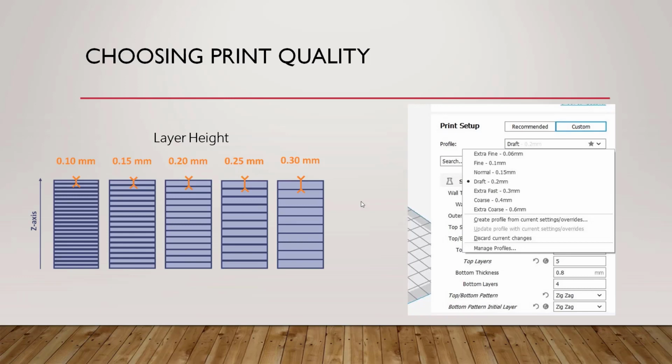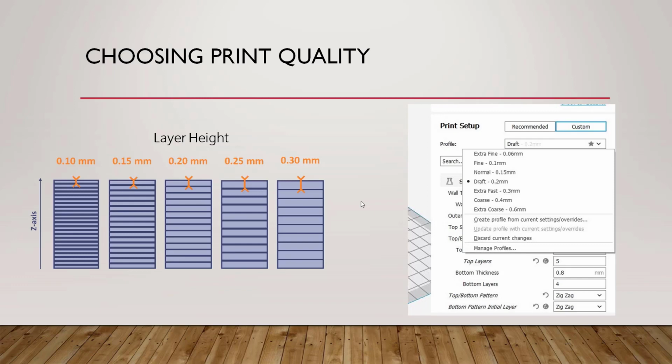Here in this slide you can see the layer height. How do you choose print quality? Your print quality basically depends on what layer height you choose. Layer height means the height of one layer. If you use 0.10 mm layer height, you can also choose 0.15, 0.20, 0.25, 0.30, whatever layer height you want.